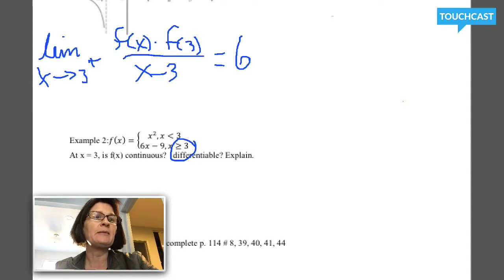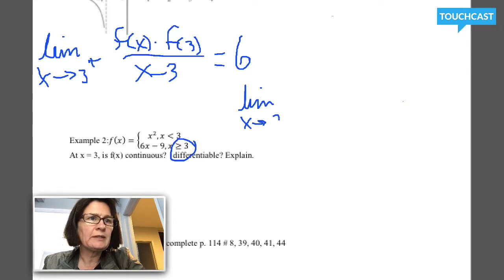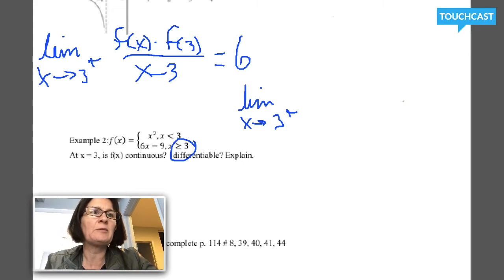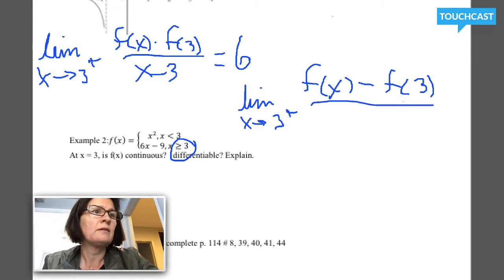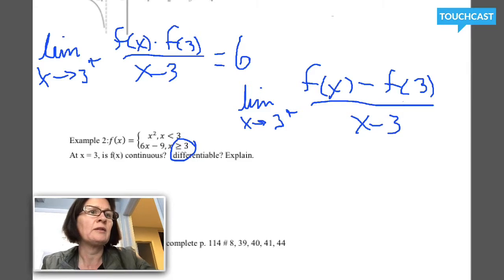I'm going to take the limit as x approaches 3 from the left. This is going to be f of x minus f of a, and we know a is 3, over x minus 3. Well, what do we have here?